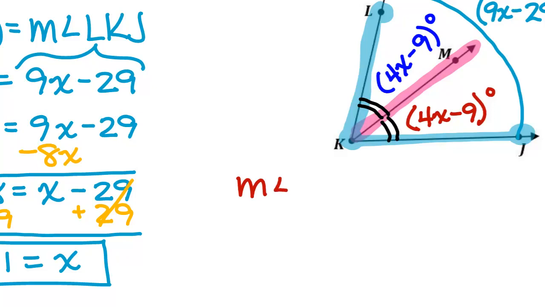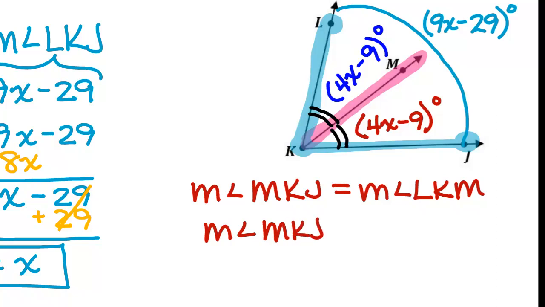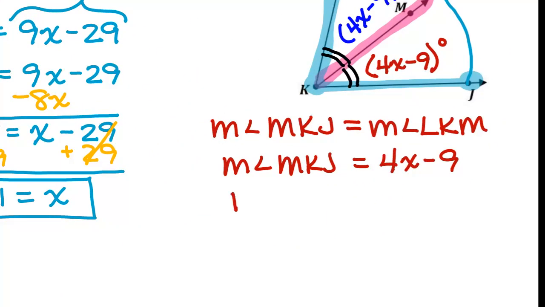The measure of angle MKJ, not MKL, MKJ, I'm so sorry, is equal to the measure of angle LKM. So that is 4x minus 9. And we just figured out that x is 11.